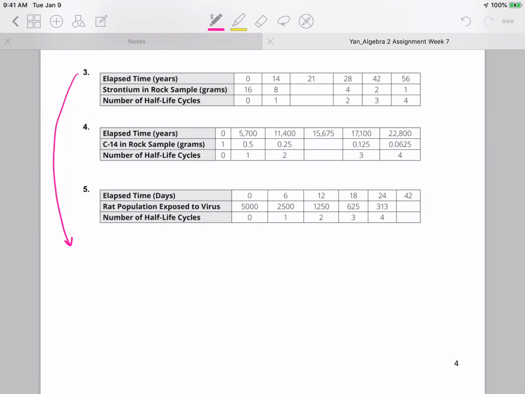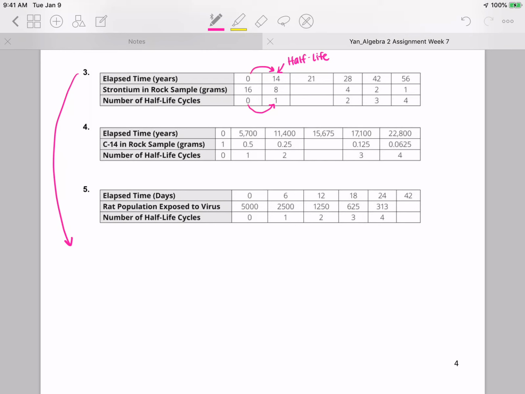So number 3, you are given 0, 14, 21, 28, 42, and 56. Okay, and it tells you that from 0 to 1, that's one cycle, right? That means from 0 to 14 is one cycle. So 14 right here is your half-life. So you always want to look from 0 to 1.